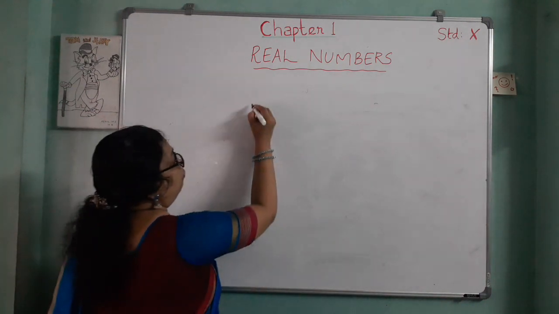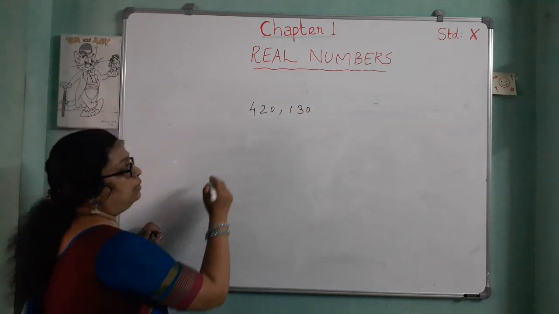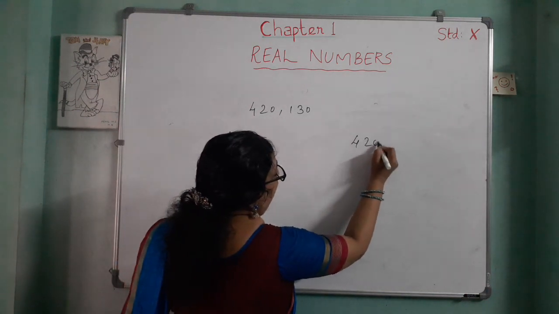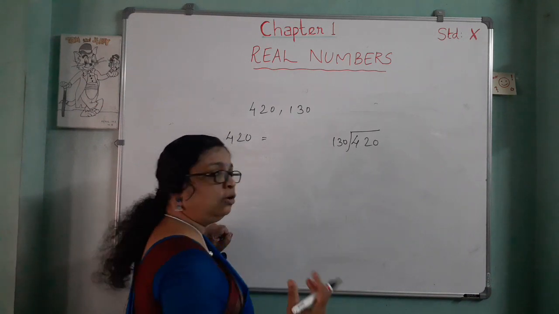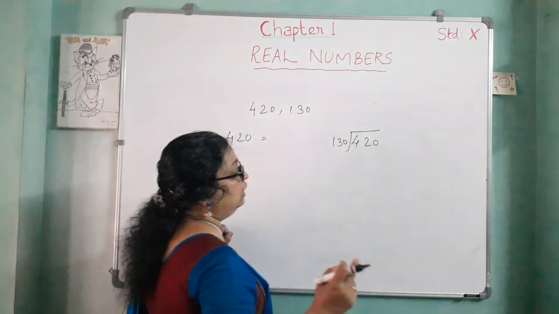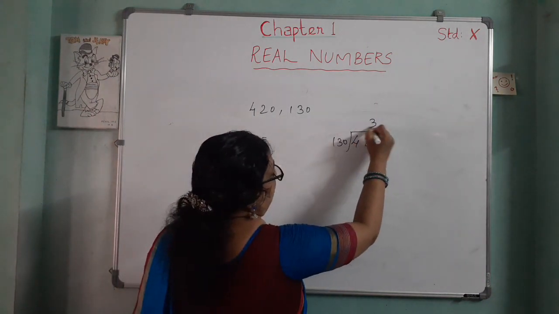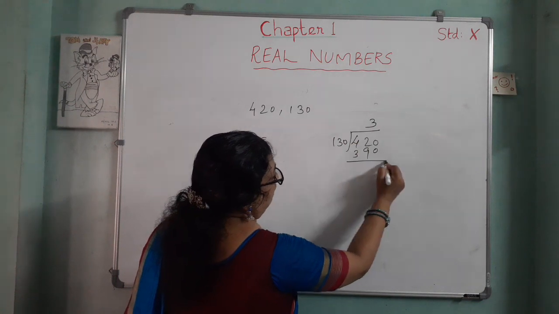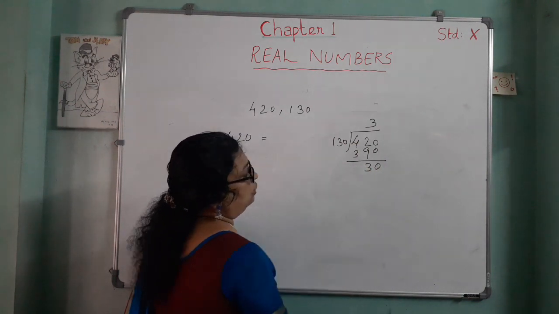Next we take 420 and 130. The larger number is 420. So we write 420 divided by 130. How many times? 13 into 3 is 39, 13 into 4 is 52. So 3 times. 3 into 0 is 0, 3 into 3 is 9, 3 into 1 is 3, so 390, then subtracting, 420 minus 390, we get 30.